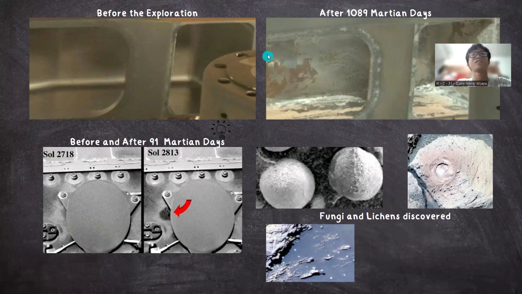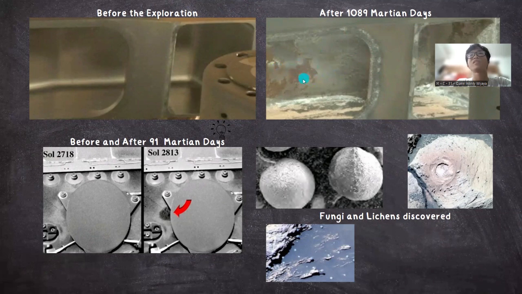In this upper part, on the left side, this is the inside of the Curiosity rover before the explorations, and on the right side, this is the condition of the inside of the Curiosity rover after 1089 Martian days.